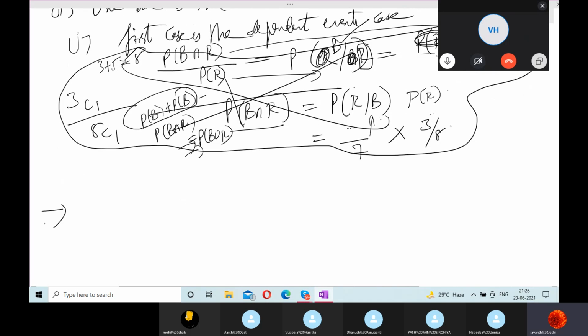See, they have said the first ball is red. That means the first ball is already there, and the second ball is black.